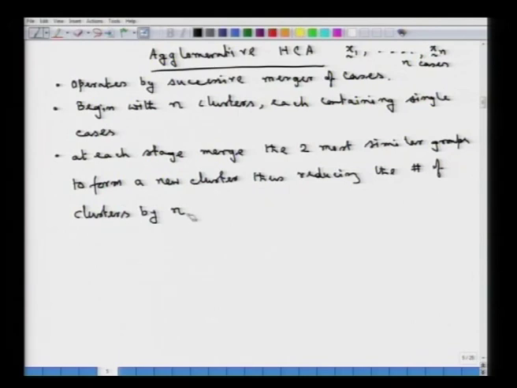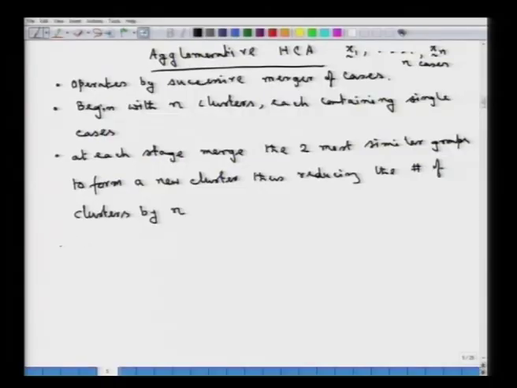This I need not write because I have already explained that two most similar groups are merged, and then we will have one cluster being reduced from these n clusters, and thus we will have n minus 1 clusters at that point.